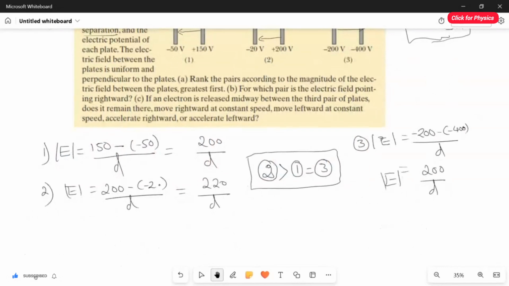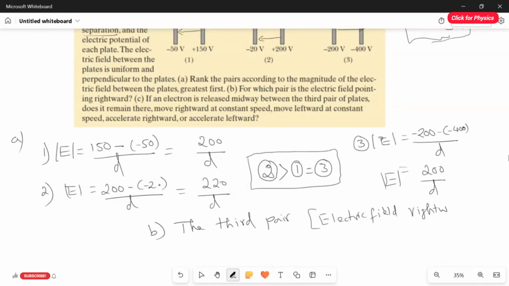So the answer for part B is the third pair gives the electric field in the rightward direction.